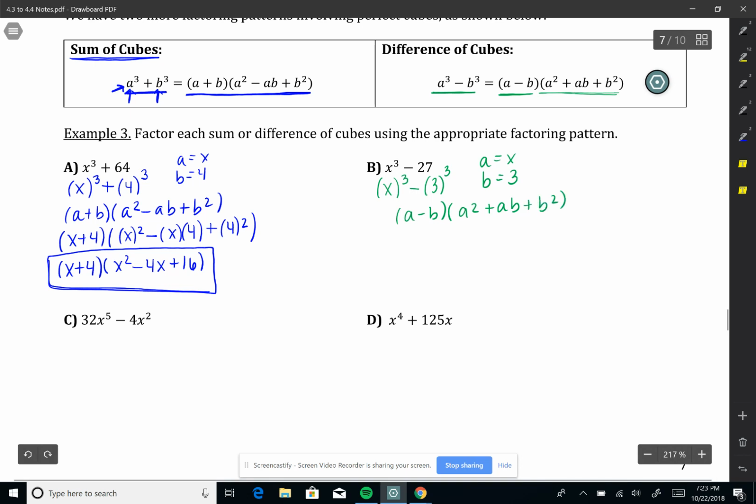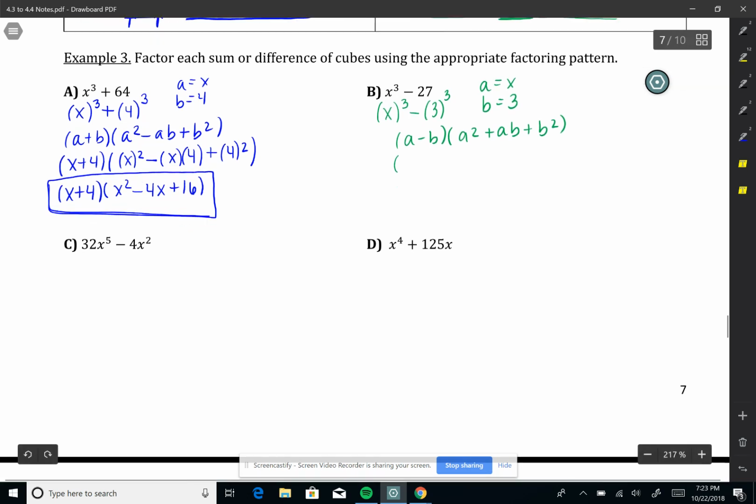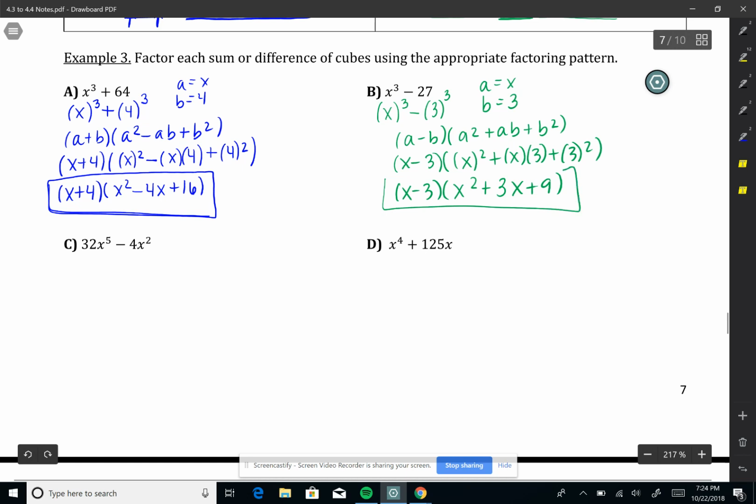When I substitute in my values, that is going to be x minus 3 parentheses x squared plus x times 3 plus 3 squared. And then I'm just going to simplify what I can. I still have x minus 3 out front, but then I'm going to have x squared plus 3x plus 9. And that is a difference of cubes.